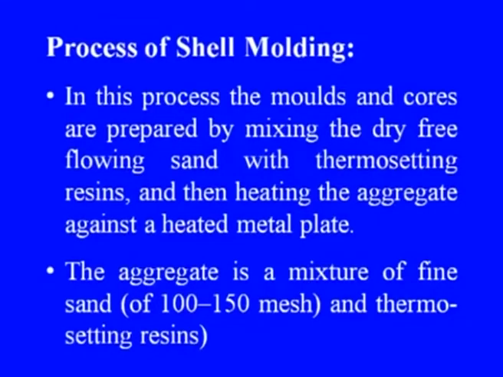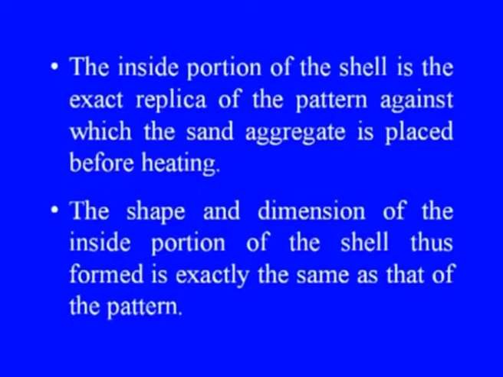The aggregate is a mixture of fine sand of 100 to 150 mesh size and thermosetting resins. Due to the heat, the resin cures, which causes the sand grains to get bonded with each other, and it forms a hard cell around a metallic pattern. The inside portion of the cell is the exact replica of the pattern against which the sand aggregate is placed before heating.